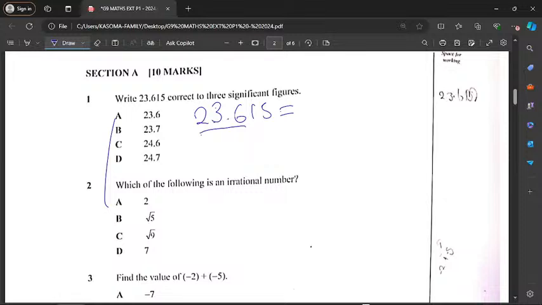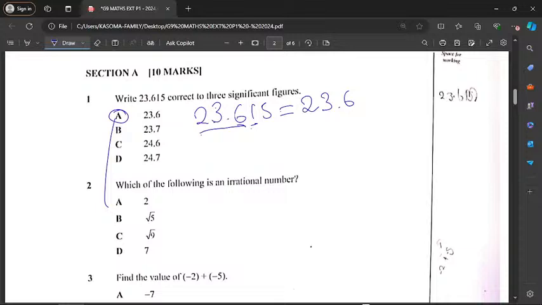Then I'm going to round off this number 6 based on the next digit. Since 1 is less than 5, 6 will remain the same. So it will be 23.6. The correct answer is A, 23.6.